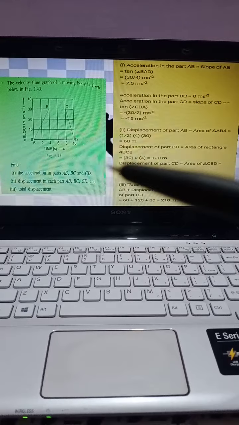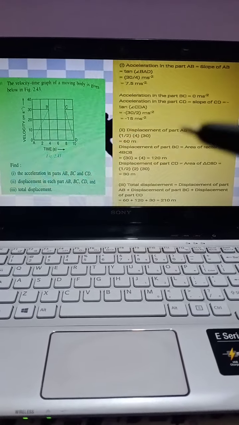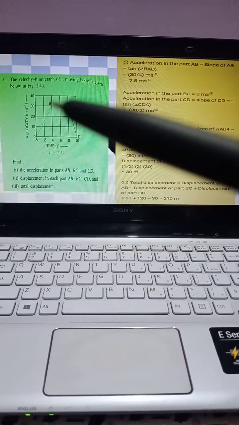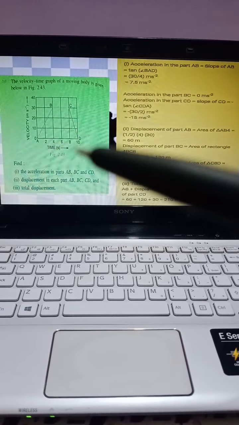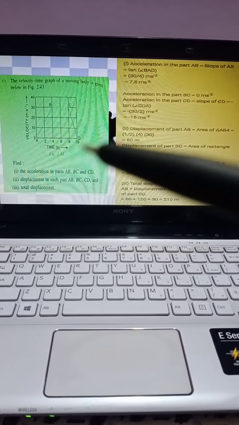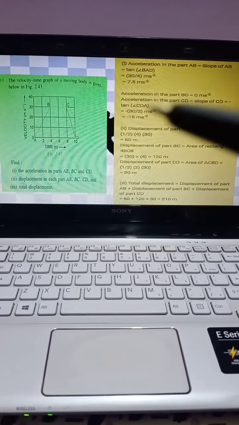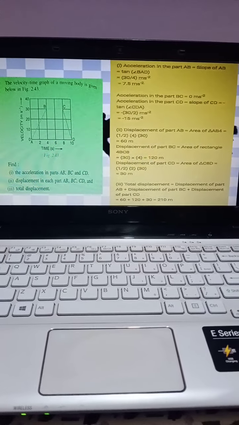Then CD is uniform retardation. To find the retardation, C is 30, and from 8 to 10 there is a time gap of 2 seconds, so we divide 30/2, and as it is retardation, it takes a minus sign, so it becomes minus 15 meter per second square.